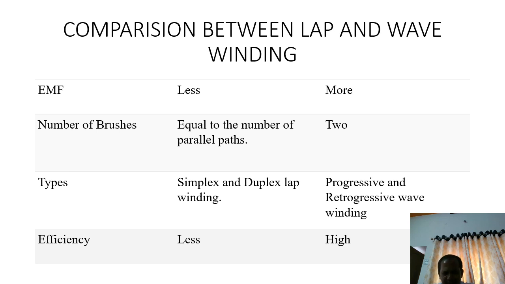These are the important windings in DC generators. Next, performance and efficiency are lower in lap winding. Efficiency is higher in wave winding. Wave windings show high efficiency.